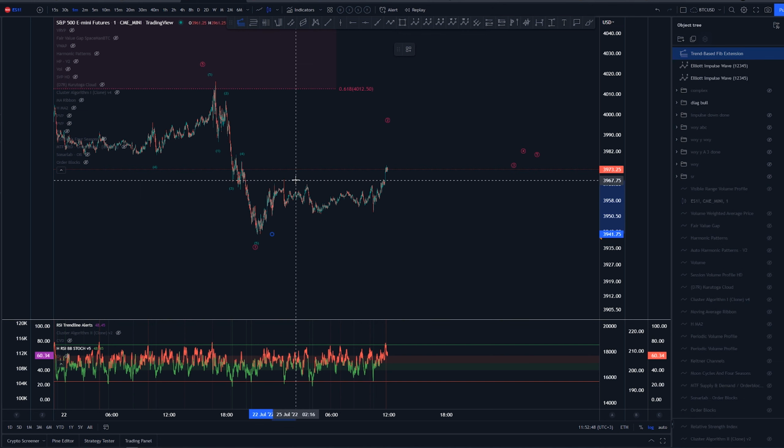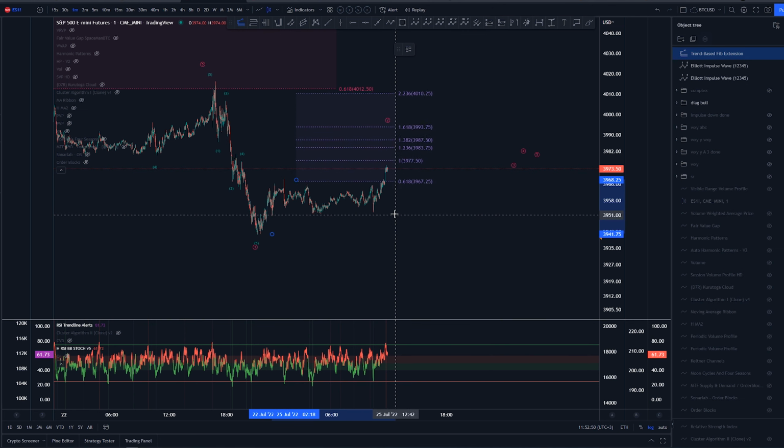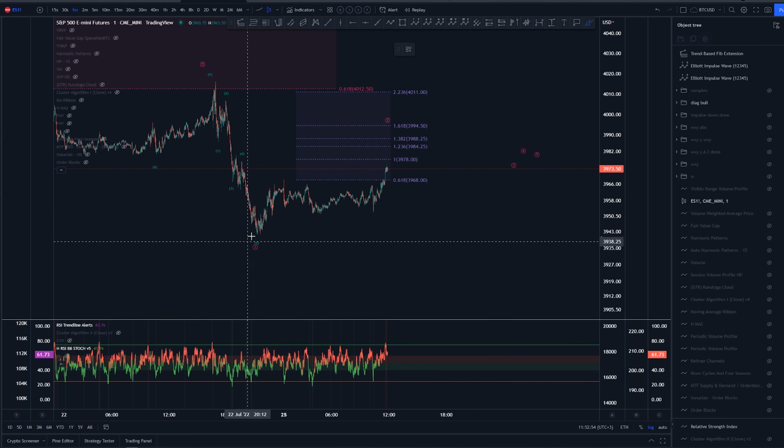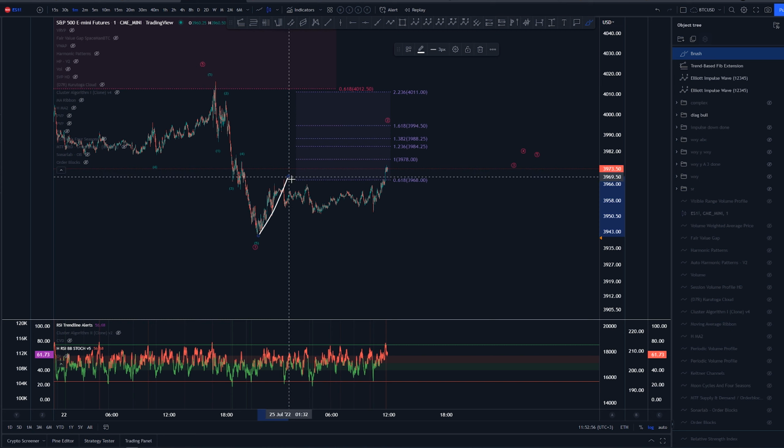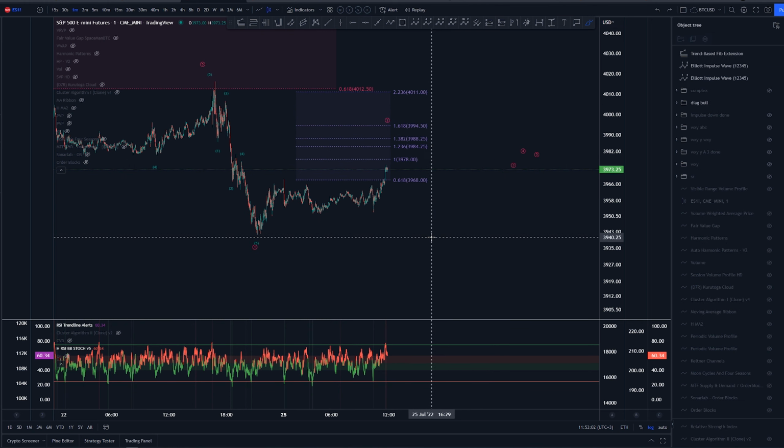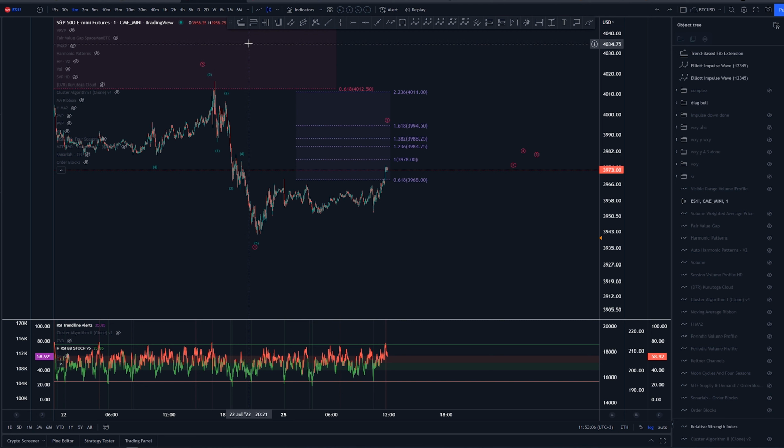It does measure out like a 3-wave move, however. We are very close to the 1-to-1 extension. Depending on how you want to be labeling this, at the moment I would like to see this as 3, 3 and then 3, getting right around this 1-to-1 extension. Of course we can get higher as well, but we'll see.